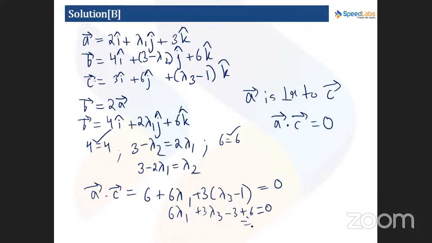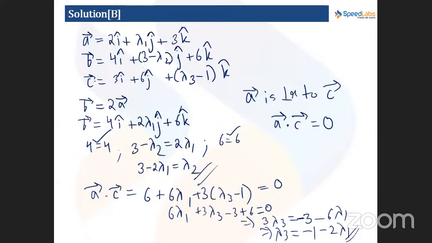So from here we get 3 lambda 3 equal to 6 minus 3 will be 3. This will become minus 3 minus 6 lambda 1. So lambda 3 equal to minus 1 minus 2 lambda 1. So now I know lambda 2 and lambda 3 in terms of lambda 1.